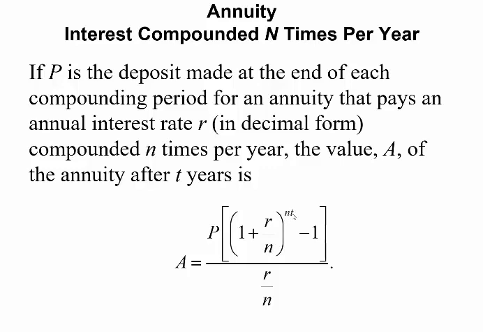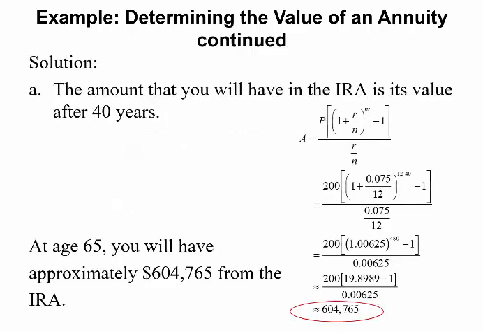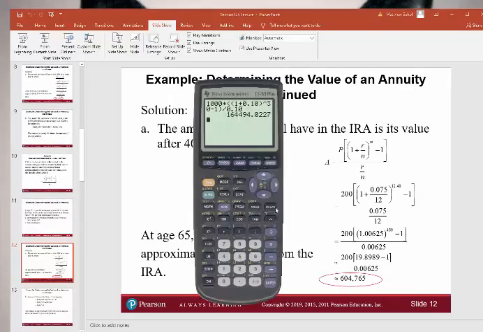And T, the number of years you're going to have it in your account: if you start at 25 and retire at 65, that's 40 years. So just like this, you're going to plug this into your calculator. Let me show you how to do that again.